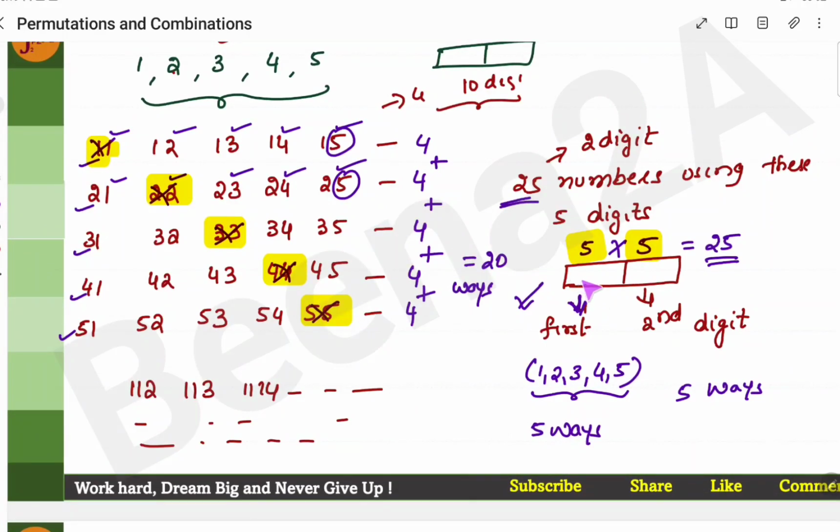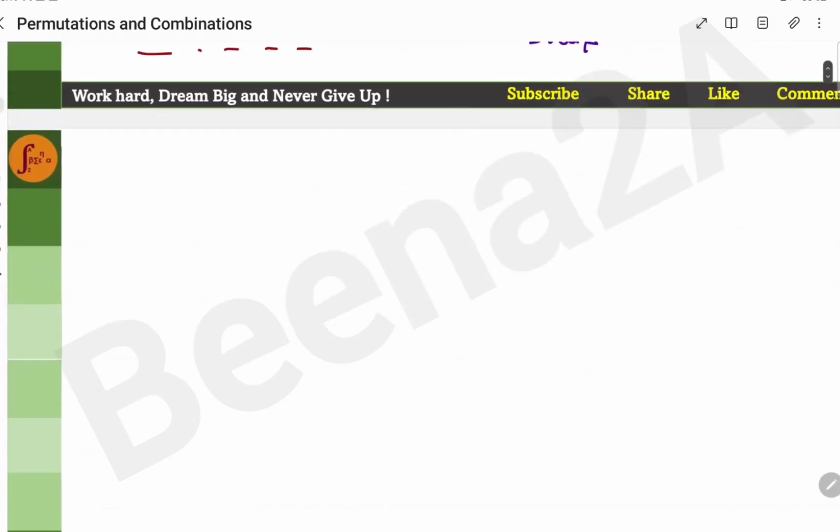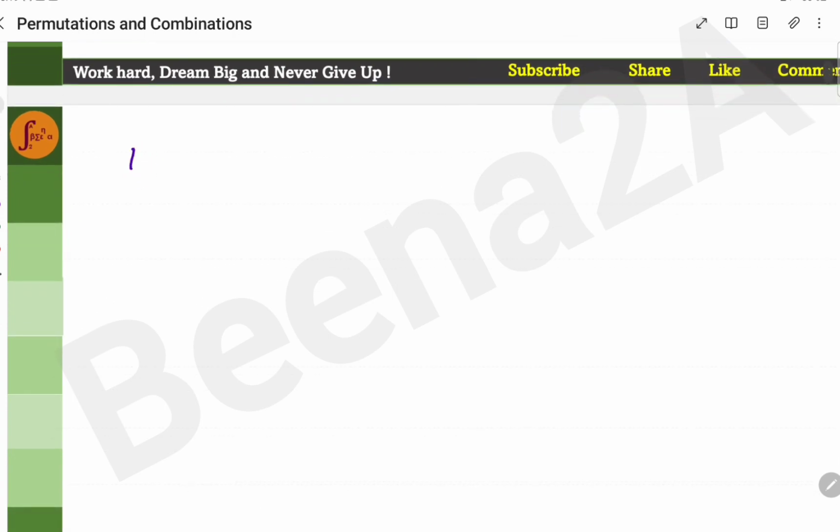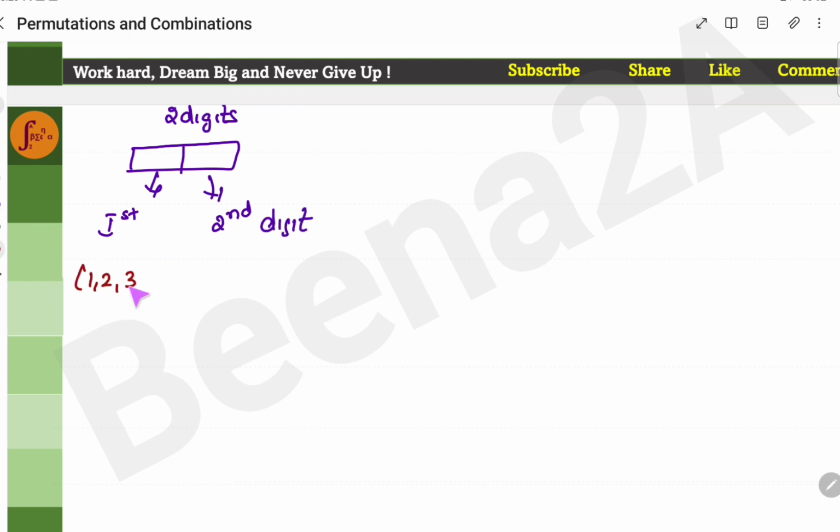Now, we can use this multiplication principle of counting and get this answer. How? I need to form two digits. So let me put two boxes here. This is the first digit. This is the second digit. Now, how many numbers do I have? I have 1, 2, 3, 4 and 5.